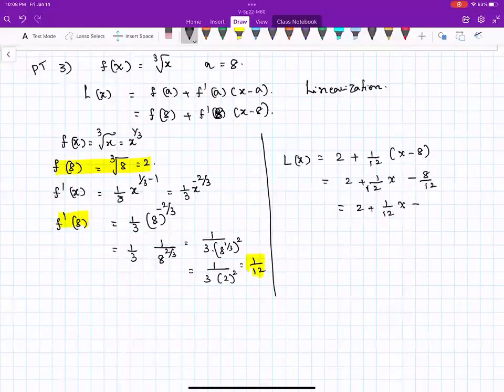We can even consider 12 as our LCD. So it will be 1/12 x plus 2 minus 8/12. If you reduce that, that will be 2/3. So that will be 1/12 x plus 6 minus 2, which will be 4/3. So the linearization in this case turns out to be 1/12 x plus 4/3.